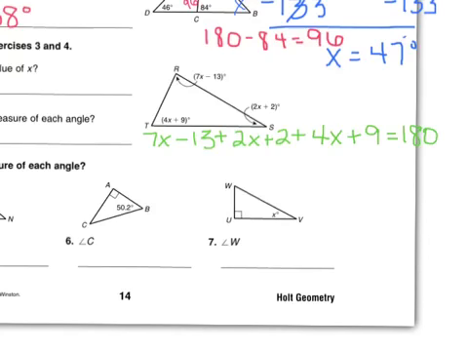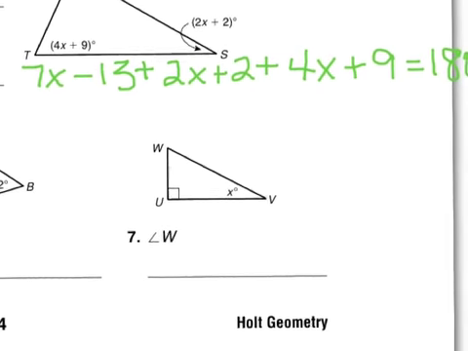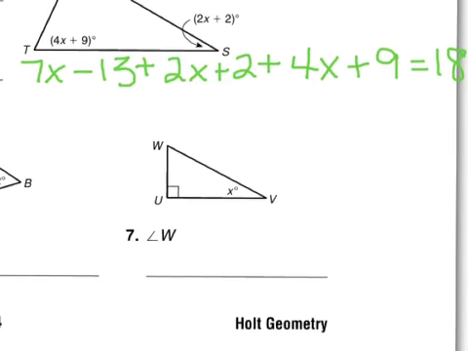Now I've got this massive equation. Let's combine all the x's. I'm going to try to cram it all in one screen there. So I have 7x, 2x, and 4x. I'm going to combine those. So that would be 13x. Stop me if I make a mistake. And then I've got negative 13, positive 2, and positive 9.